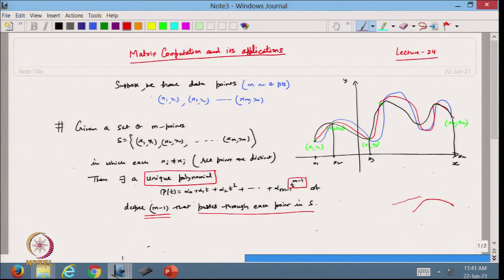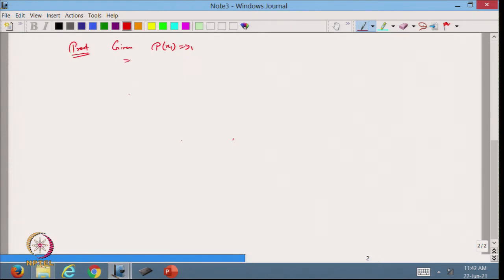Passing through means that if I take p(x1), then it should be equal to y1, which implies that alpha 0 plus alpha 1 x1 plus alpha 2 x1 square up to alpha m minus 1 x1 to the power m minus 1 should be equal to y1.